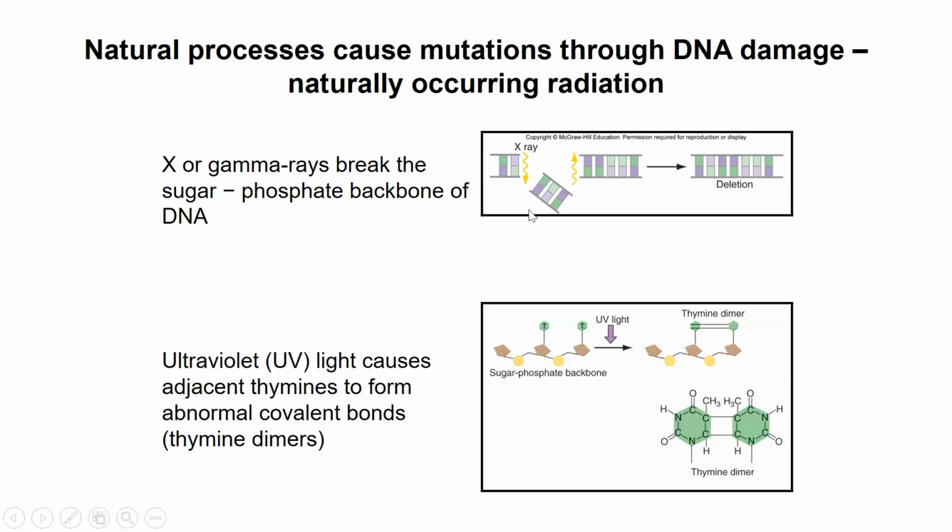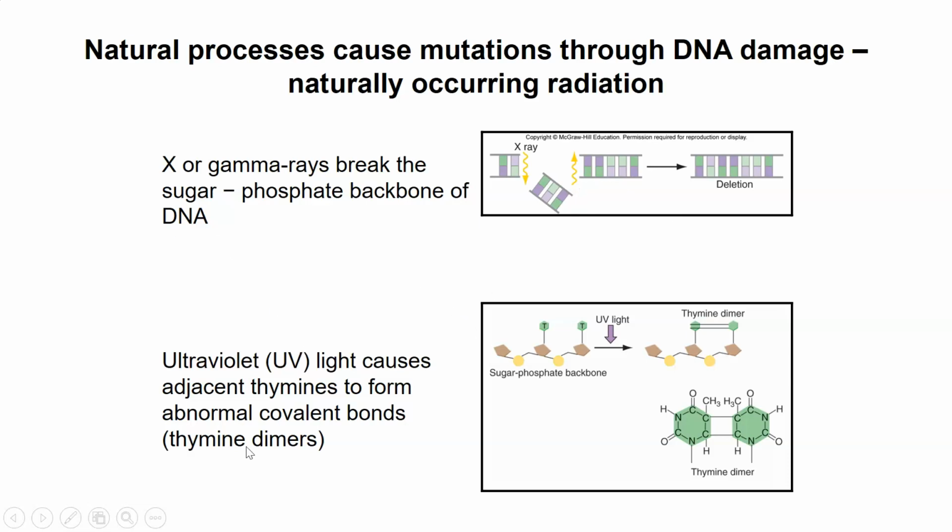Exposure to these causes breakage of the DNA strands. And so strand breakage, phosphate backbone breakage, I guess, is another term for it. This can cause chromosome abnormalities, deletions of chromosome segments, losses of chromosome segments. So this is a pretty severe type of damage.